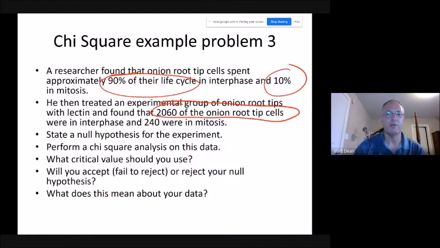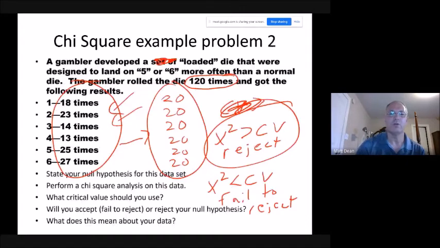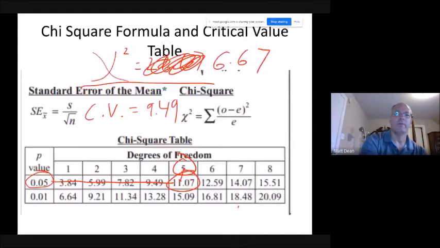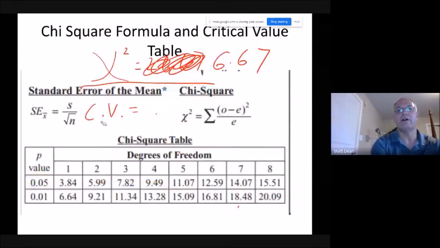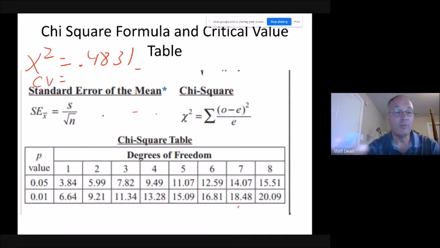Let's go back to our table. Oops, right there's where we need to be. Remembering that our calculated chi-square value is 0.4831. And our critical value in this case, we only had two possibilities, right? Interphase or mitosis.